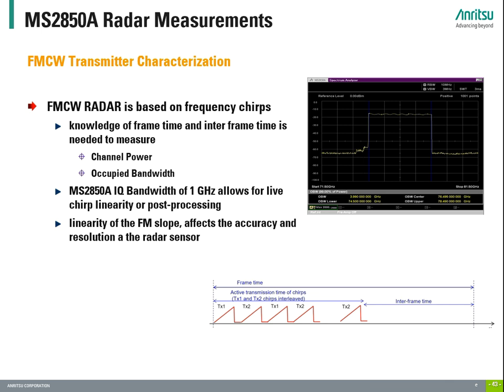In the top right picture, you can see a typical over-the-air result showing an FMCW radar with a quite flat 4 GHz sweep bandwidth. Ramp linearity measurements are important because of accuracy and resolution constraints behind, and to be able to keep the false alarm rate of the radar as low as possible.